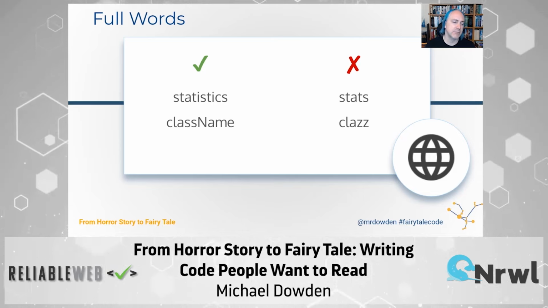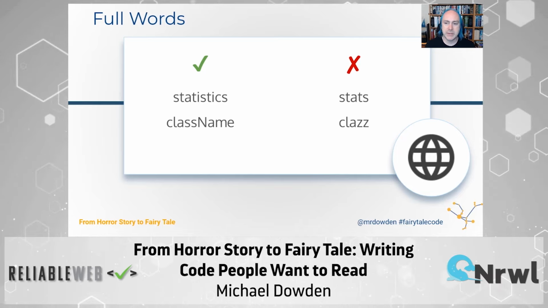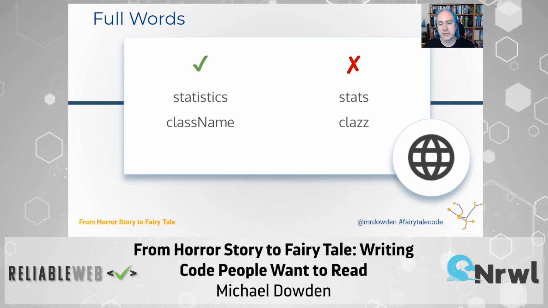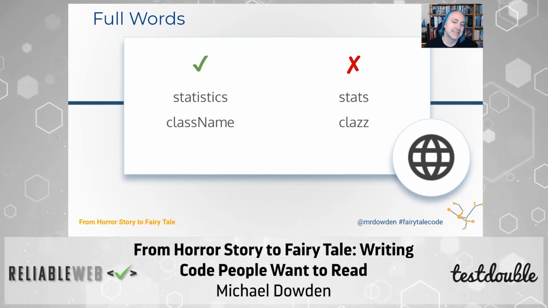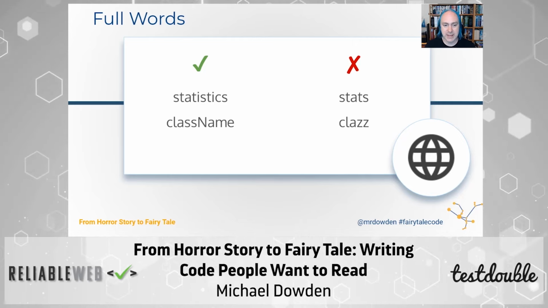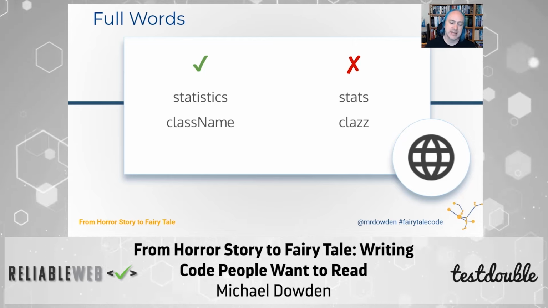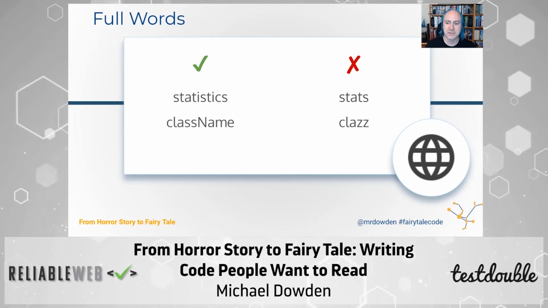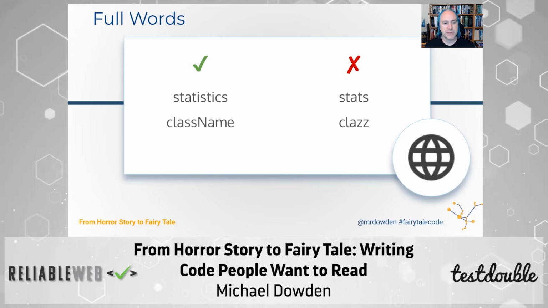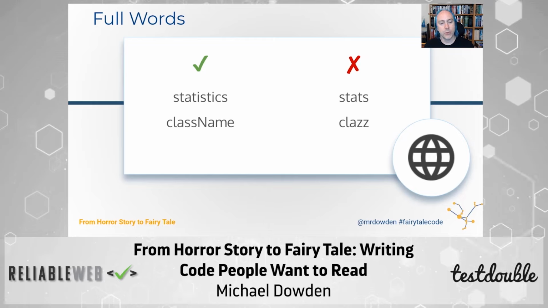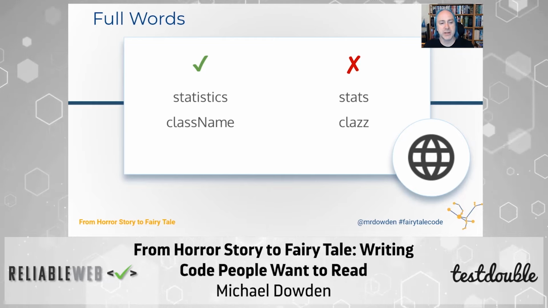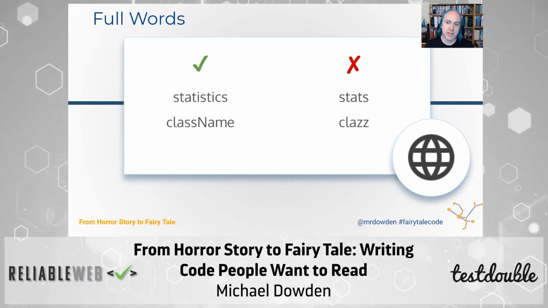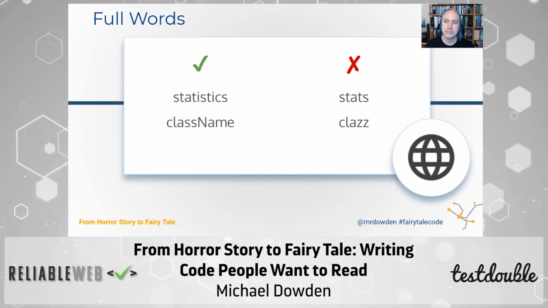It's the class name, right? Or maybe it's CSS class or CSS class name, or it's the class list, because technically the class attribute in CSS can contain a space delimited list of lots of different class names. There's so many different things we could use that would avoid really weird spellings like this by just using the full concept or the full word.